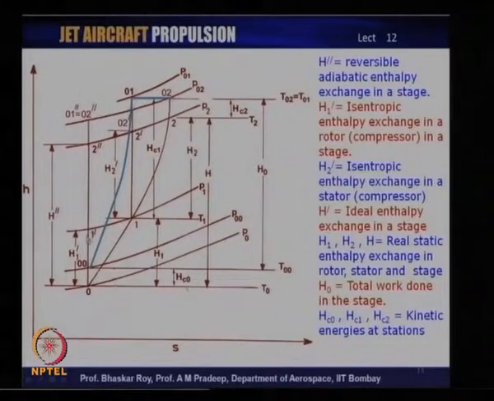Similarly, there is a total pressure change from P0 to P01 and then to P02, and there is an enthalpy change from H0 to H01 and H02. Those are the stagnation properties: stagnation temperature, stagnation pressure, stagnation enthalpy. Now, those stagnation changes are what is shown here through this blue line.